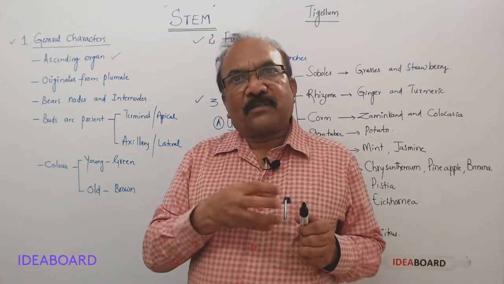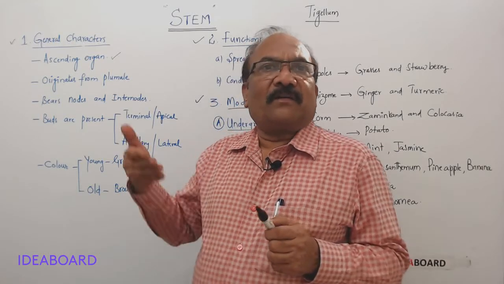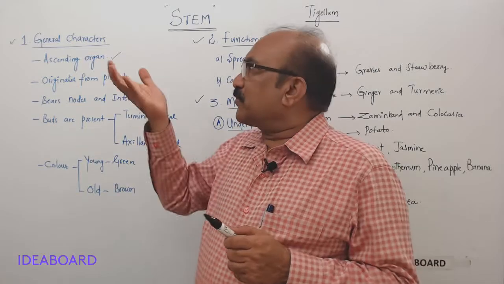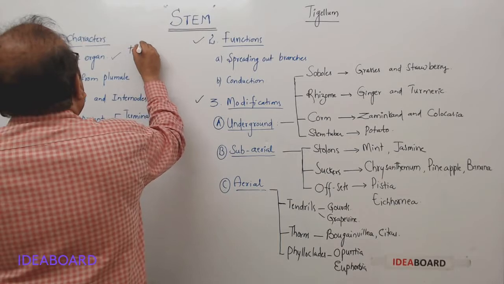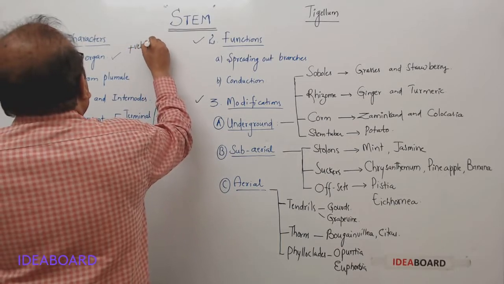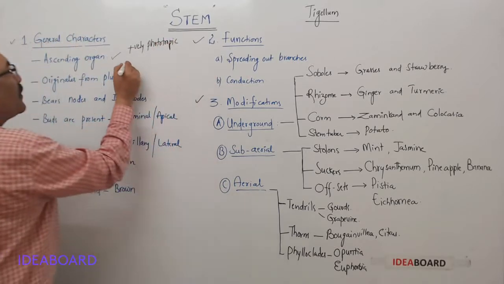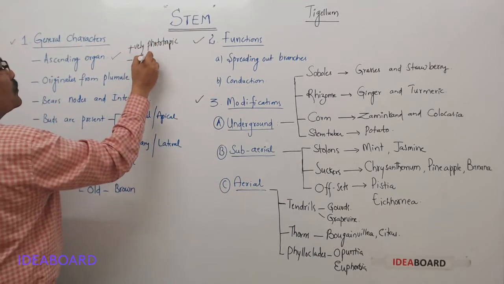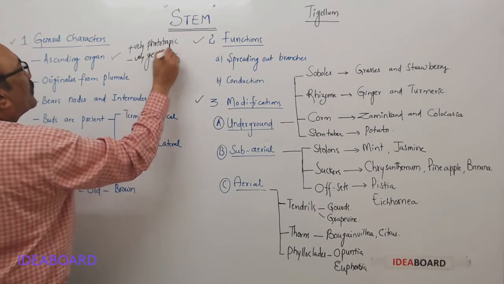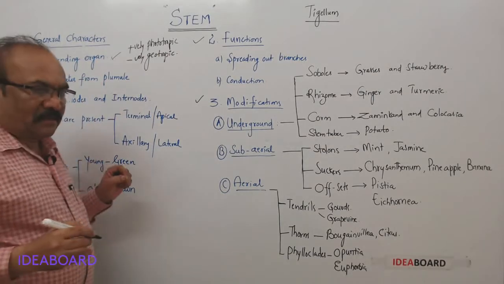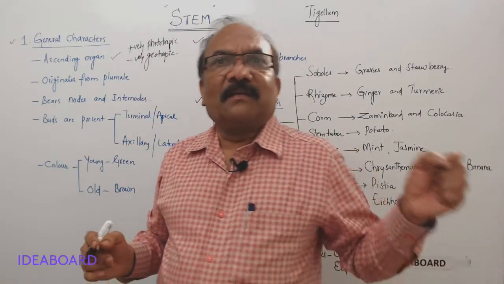Root was positively geotropic and negatively phototropic, while stem is positively phototropic and negatively geotropic. That's why it is described as an ascending organ. Root is a descending organ.